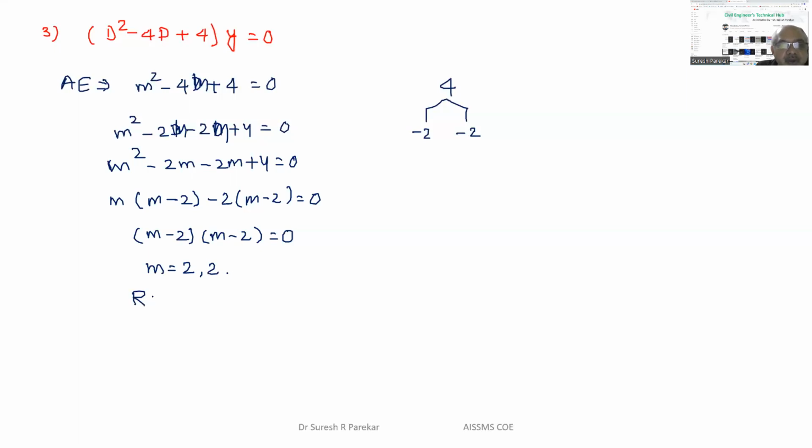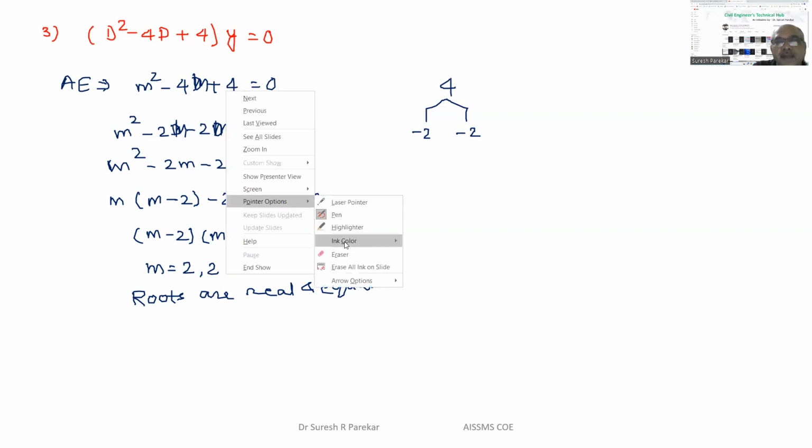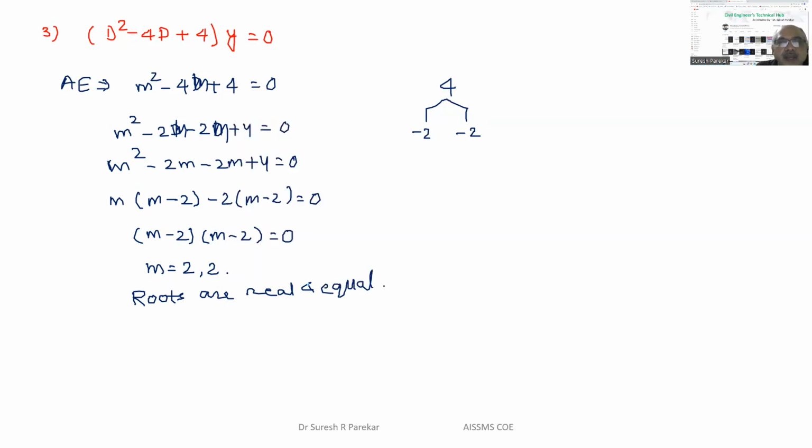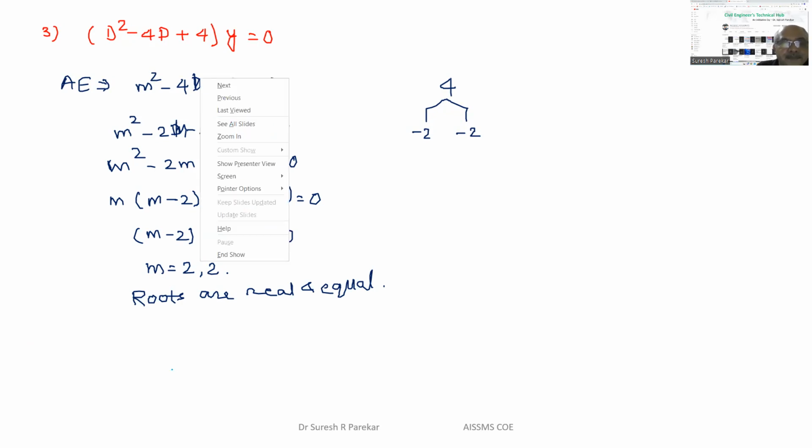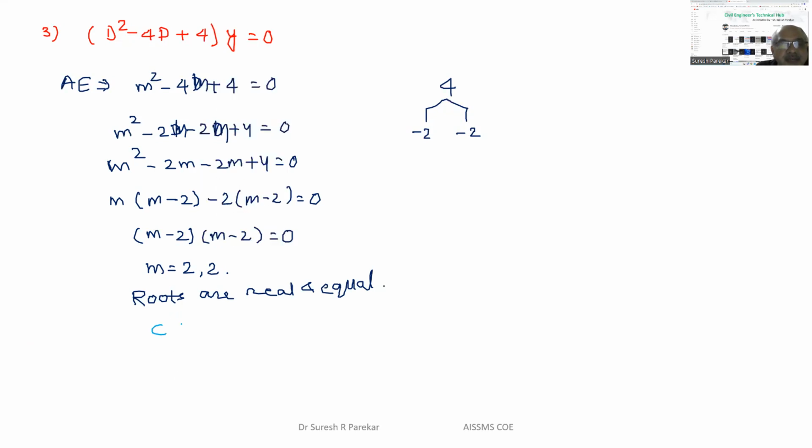So we have roots are real and equal. And then when we have this, I have the value of m as 2, 2. So what will be my complementary function? We have complementary function equal to (C1 + C2 x) e^(mx).